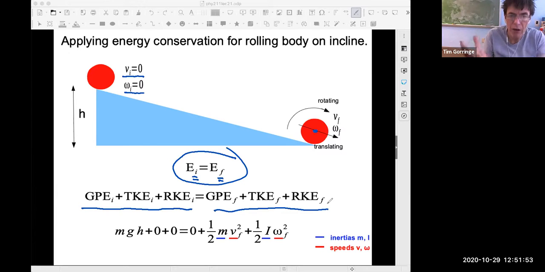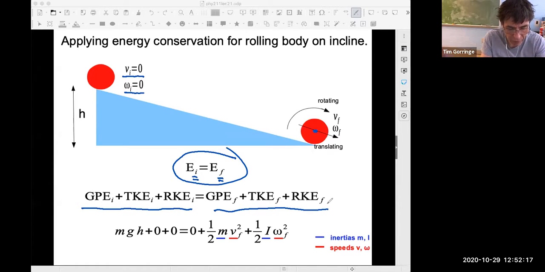I then said, well, look, I understand how these energies work. The gravitational potential energy depends on your elevation, your height, h. The translational kinetic energy depends on your speed, v. And the rotational kinetic energy depends on your angular speed, omega.